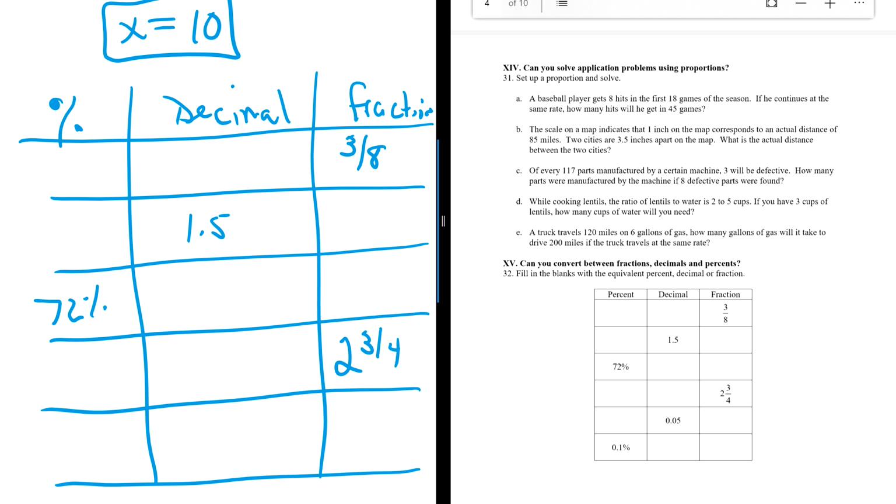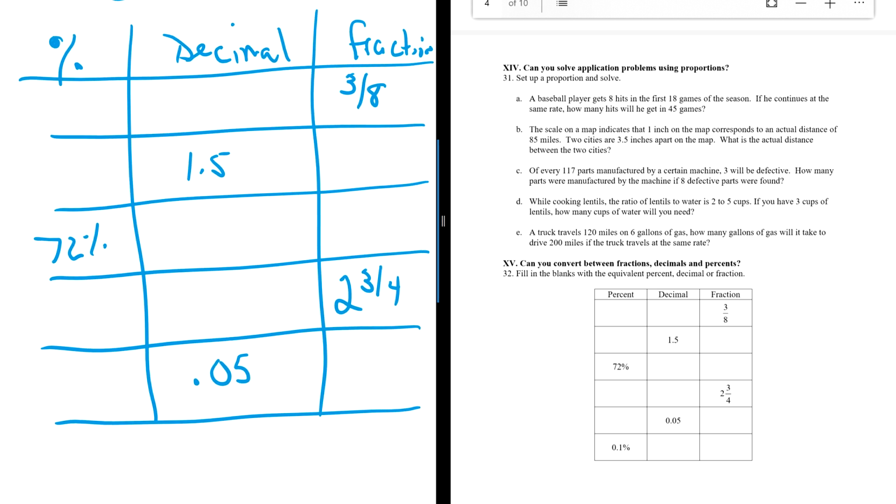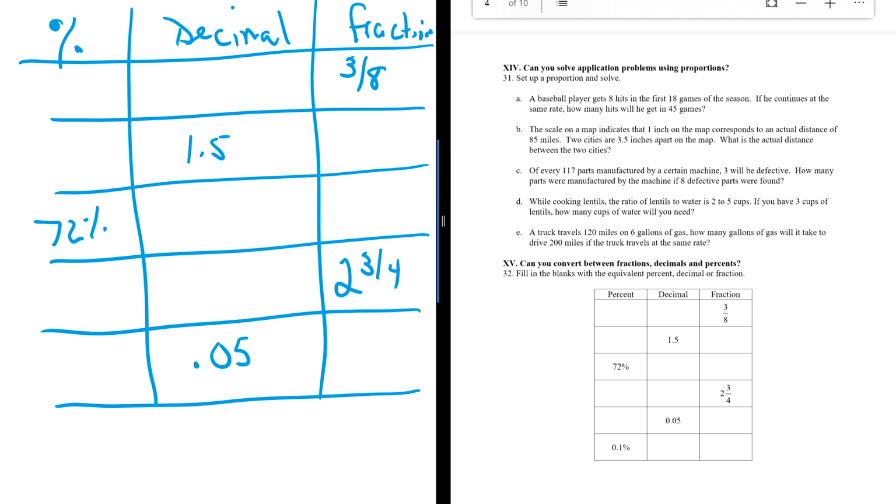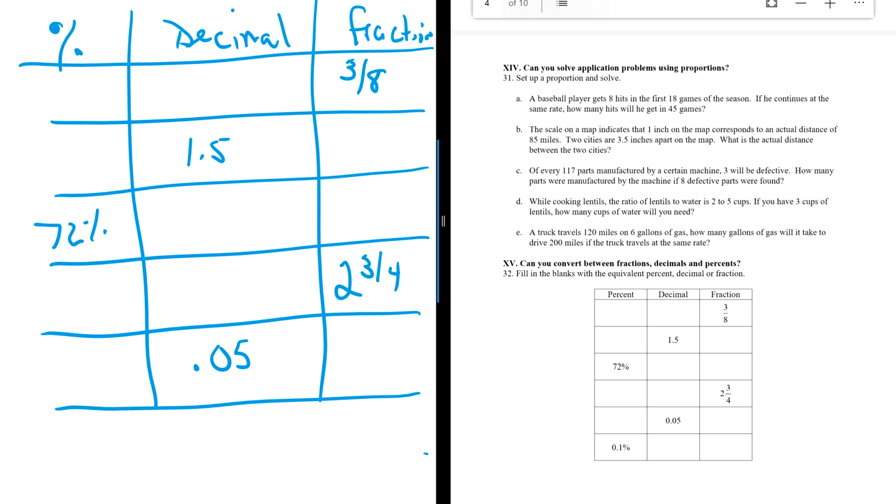This one is 0.05. It looks like I need one more here. Let's do it like so. Oh, getting the shakes. Okay, this one is 0.1%. Okay, so I hope you can bear with me here.